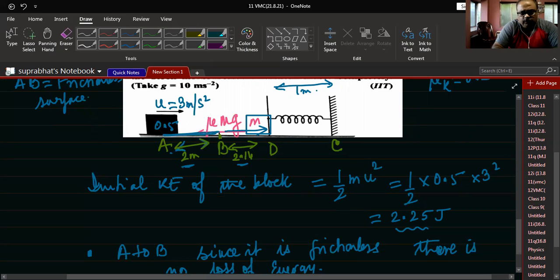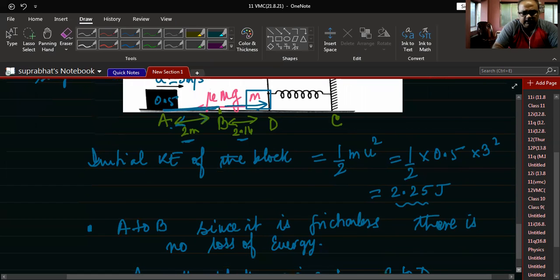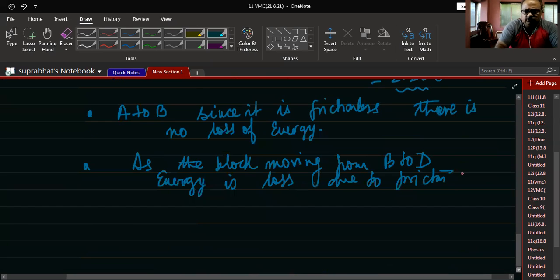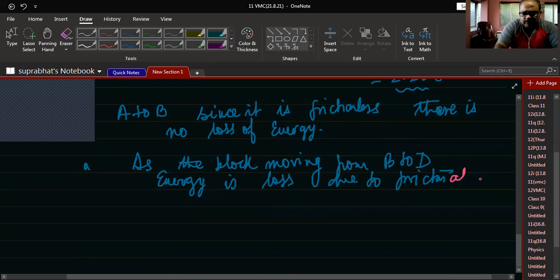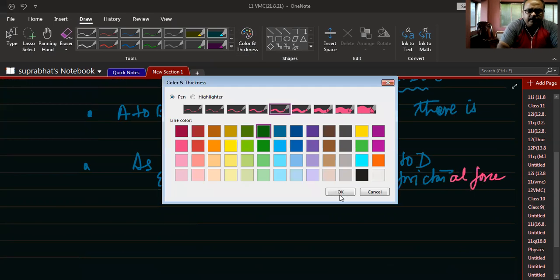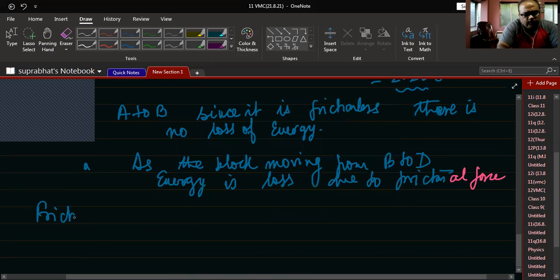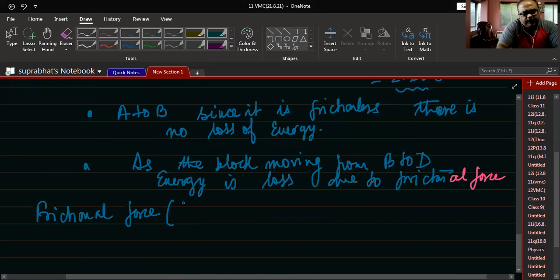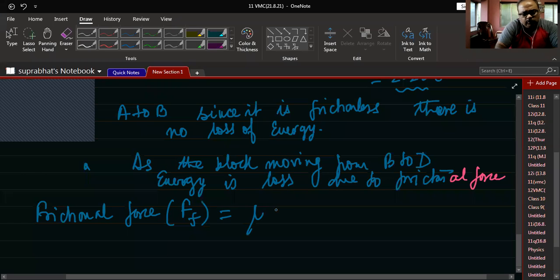So we have to find the frictional force, right? What is the frictional force? Frictional force Ff will be equal to mu into m into g.